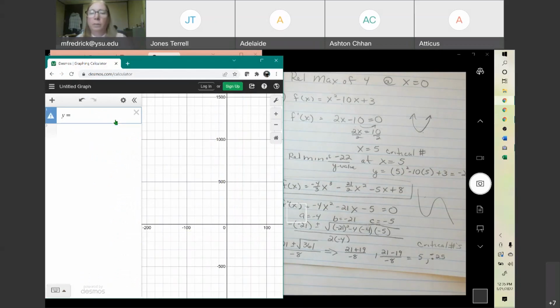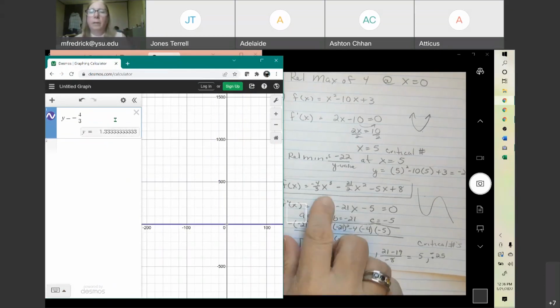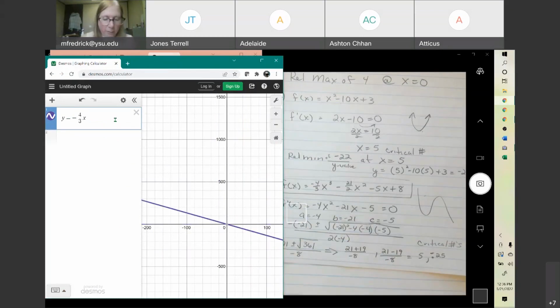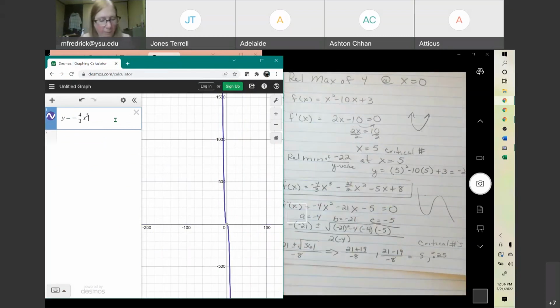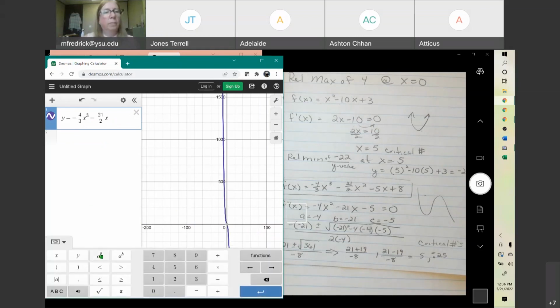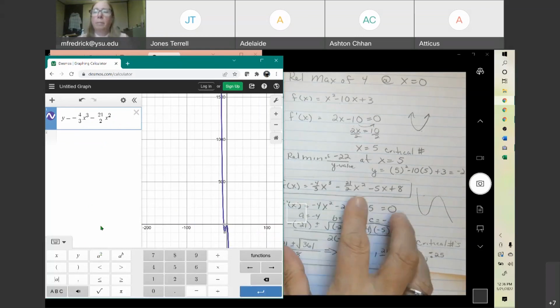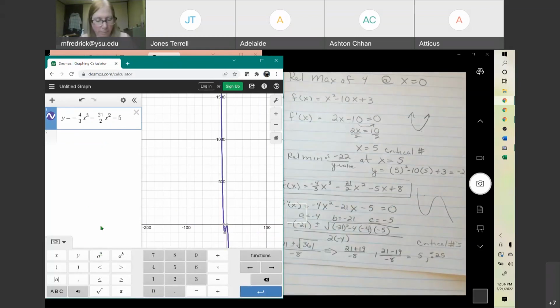We want negative 4/3 x cubed negative 21 halves x squared minus 5x plus 8.